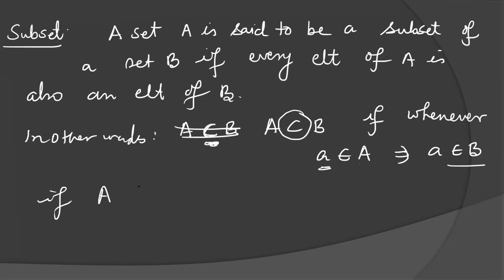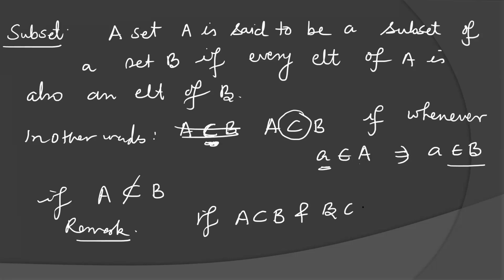If A is not a subset of B, we write this representation. One remark is important here. If A is a subset of B and B is also a subset of A, then it will give you A is equal to B. It means all elements of A belong to B and all the elements of B belong to A. It means both sets have the same elements.